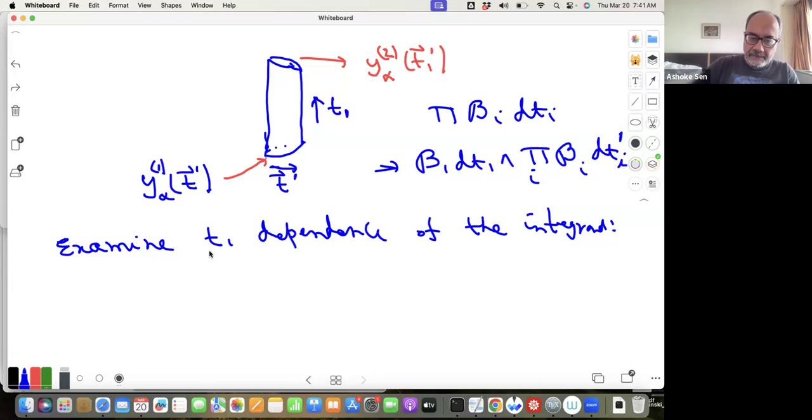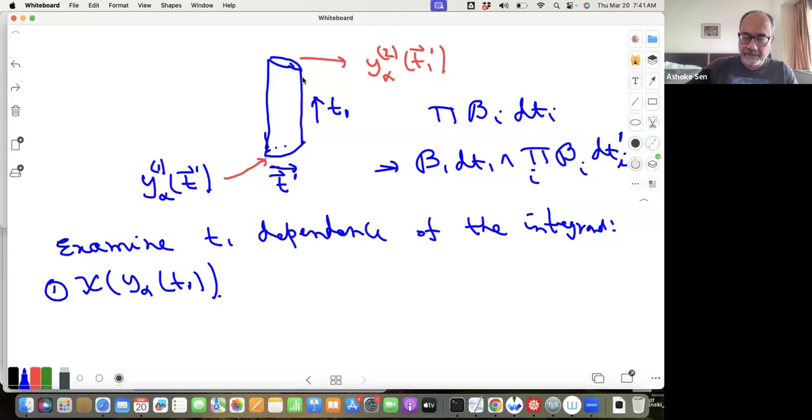So we examine the T1 dependence of the integral. Where does the T1 dependence come from? First, we have chi of y alpha of T1. None of the other PCOs, if they are there, depend on T1, because along T1, as I said, only one PCO moves.